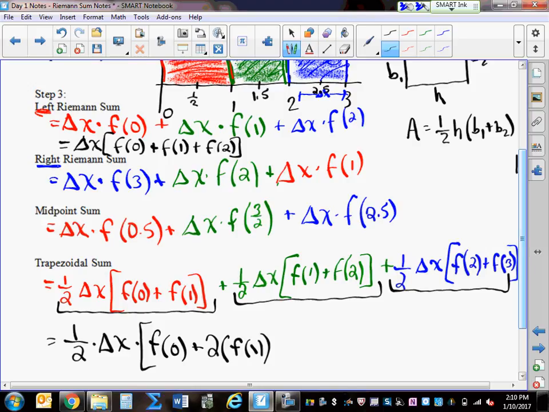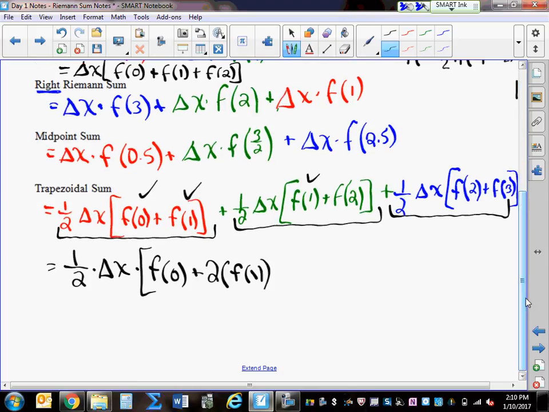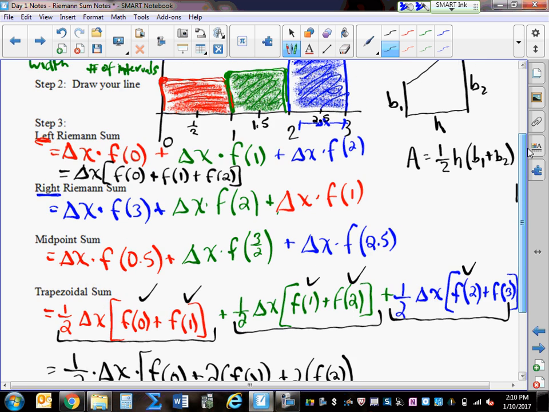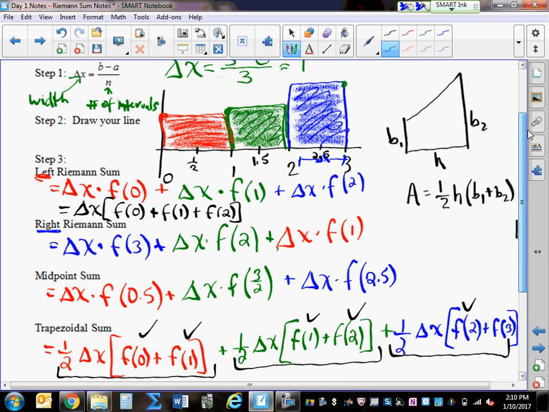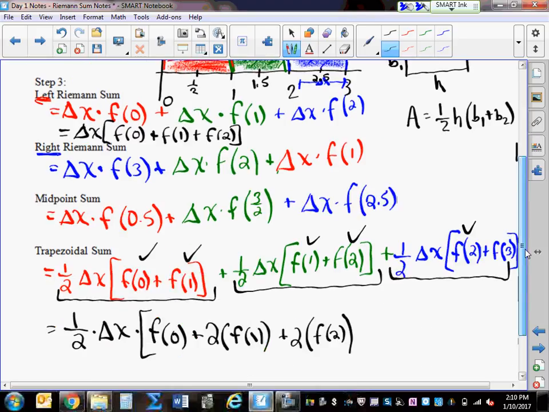Now I've taken care of this one. How many f of 2s do I have? Yeah, I also have 2 f of 2s, because again, that is also shared by both the green and blue trapezoid. And then finally I have f of 3.